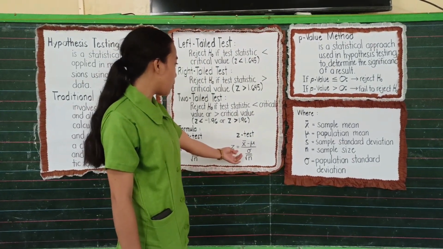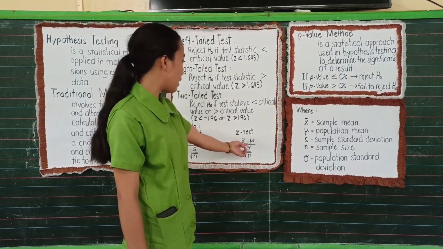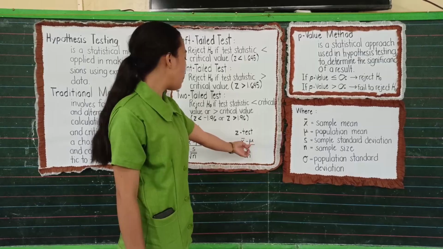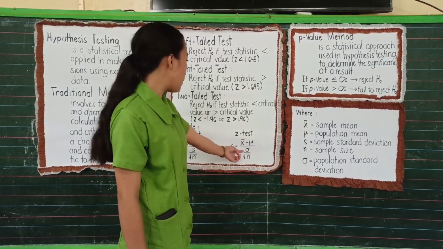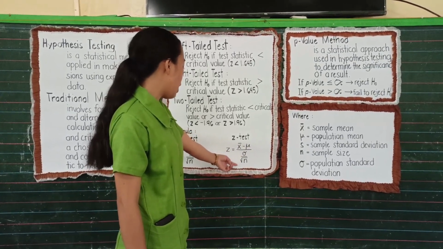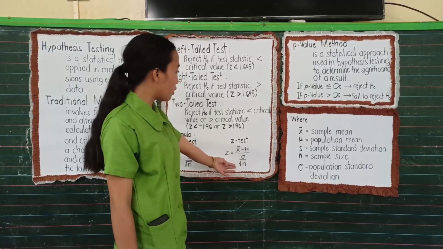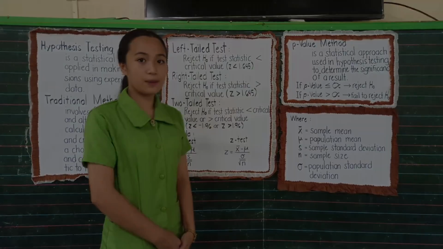The z-test is equal to the sample mean minus the population mean over the population standard deviation divided by the square root of the sample size.